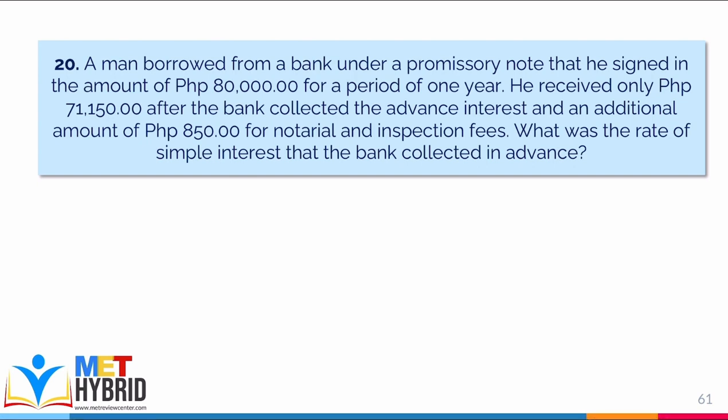So to solve for the amount of interest, we have 71,150 plus the additional amount collected by the bank for notarial and inspection fees, 850. This results to 72,000.